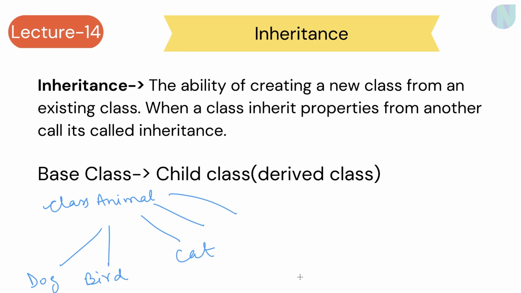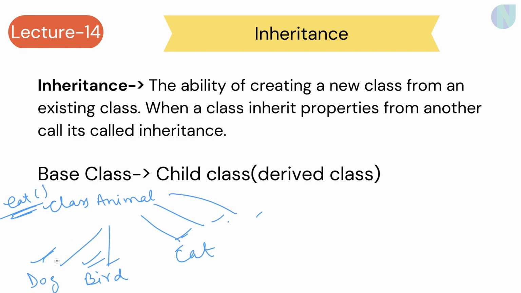Now as you can see, there are some properties in animal which are supposed to be in every dog, bird, cat. Consider eat. Eating is a property, like dog also eats, bird also eats, cat also eats, and some more animals also eat. So we define this particular property in class animal.